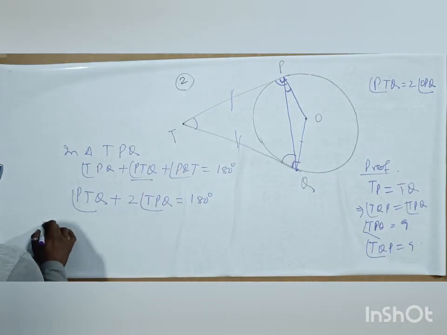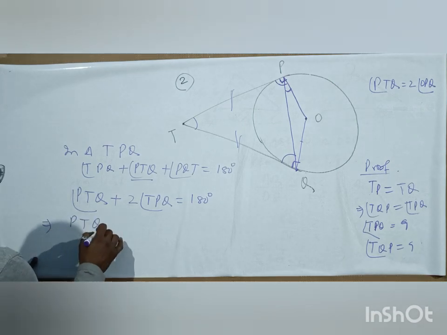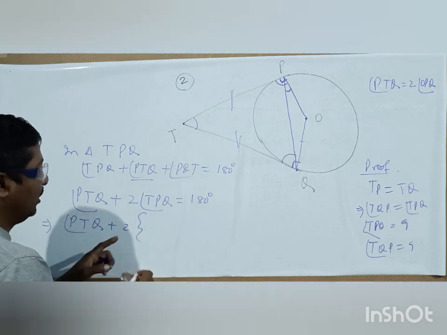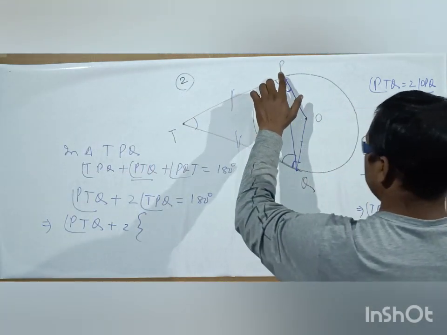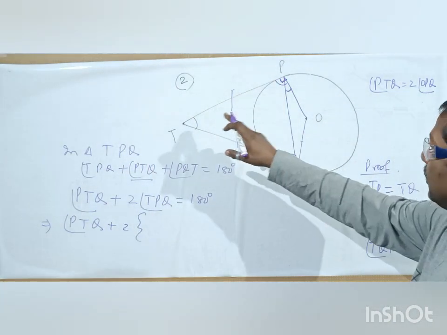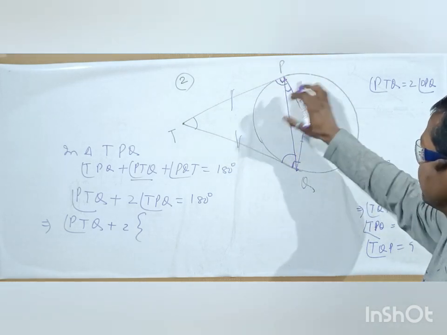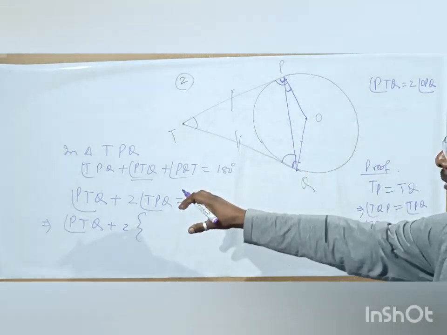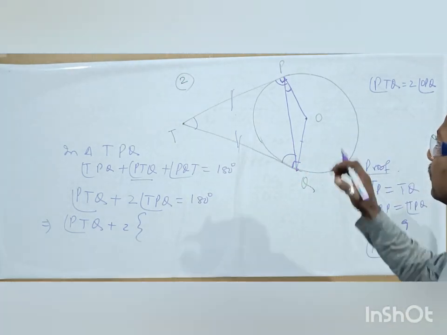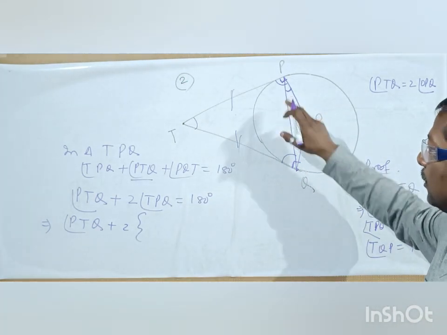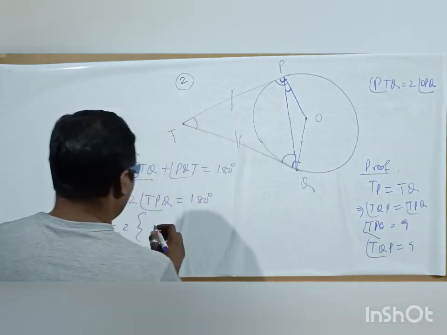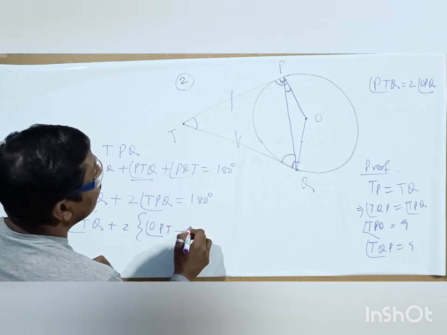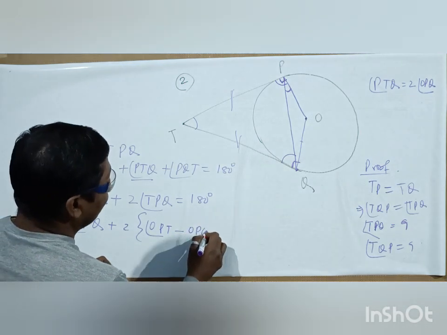So PTQ I have to place on the LHS, plus 2 into TPQ. TPQ when added with OPQ makes 90 degrees. So we have to bring OPQ into our equation. That's why I am adding this. So 2 into OPT minus OPQ.